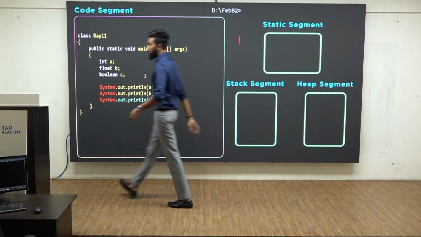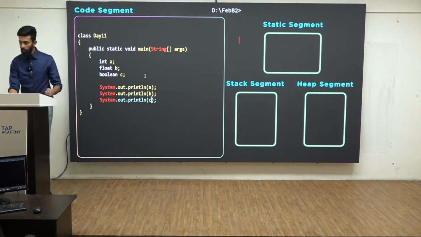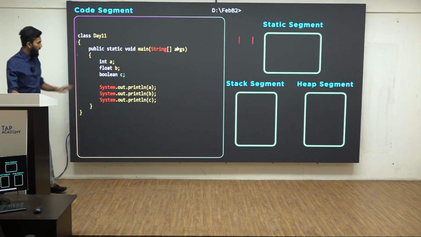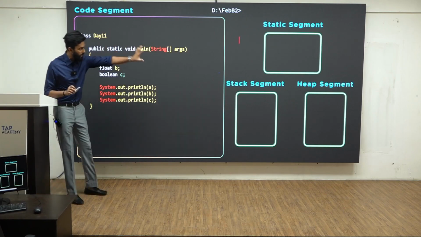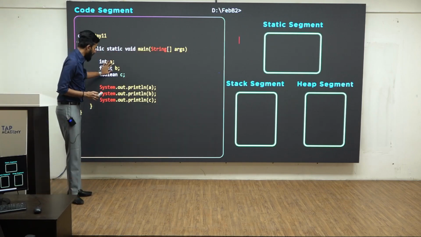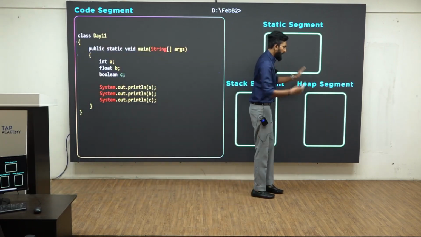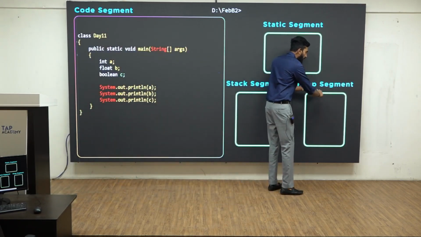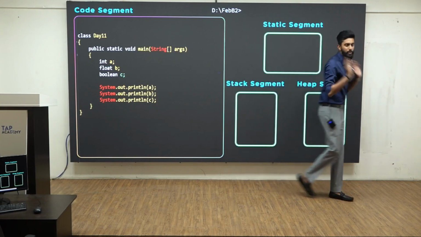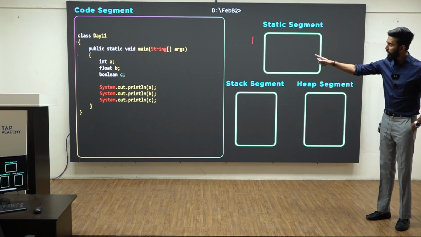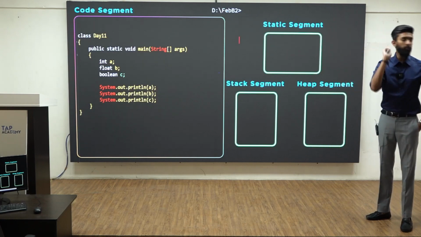However, now listen to me carefully. First of all, where does memory for local variables get created? Local variables are never created inside the heap. Heap is only and only for objects, nothing else. Understood? Sir, where are local variables created? Local variable means stack. You should never forget.